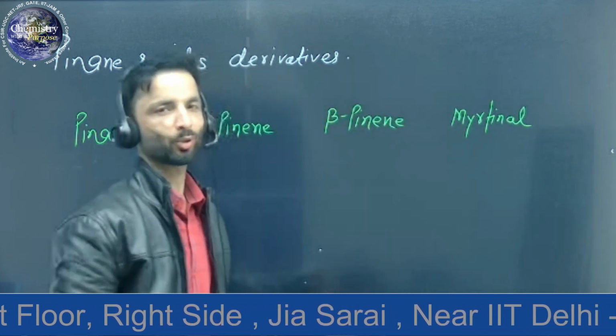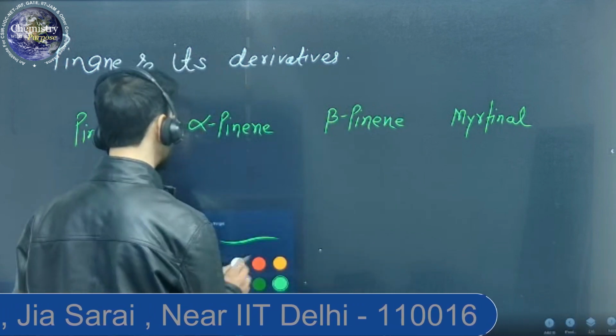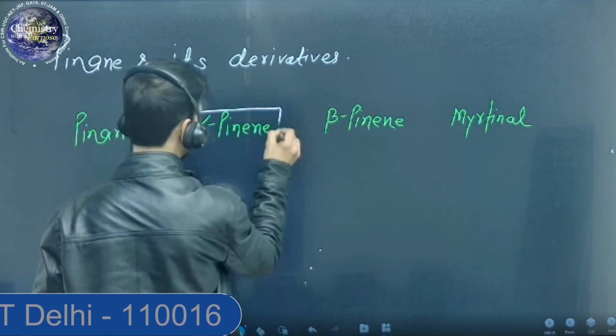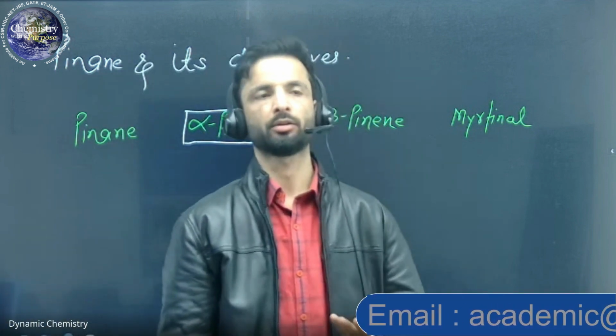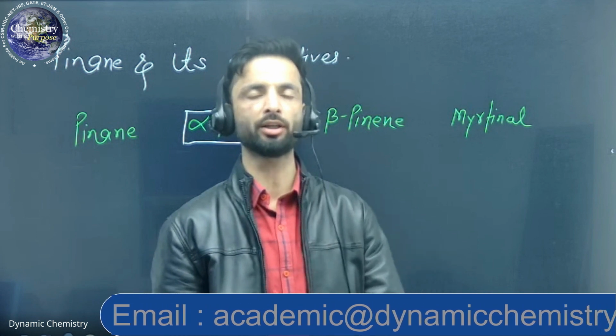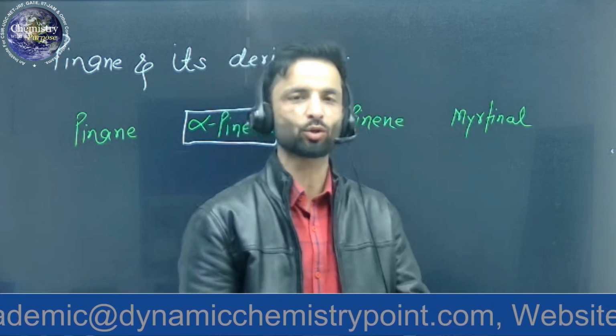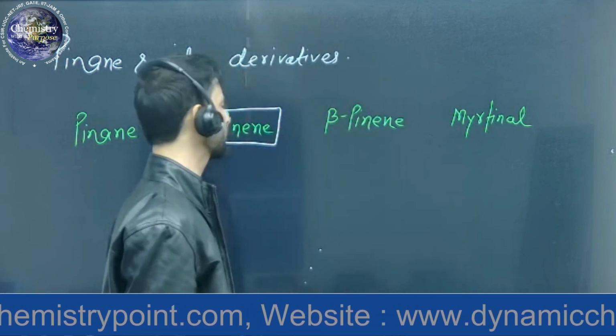These are very, very important examples. So let's finish the job with alpha pinene. Let's understand topicity, that is homotopic protons, enantiotopic protons, diastereotopic protons, and the number of signals as well.